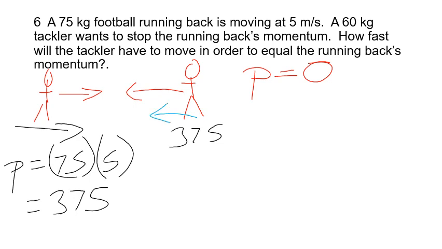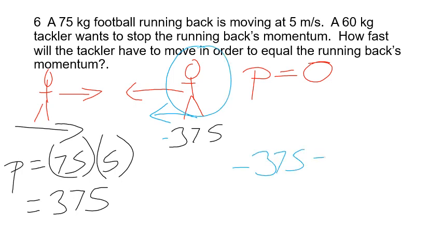Because remember, momentum's a vector, so you're going to have positive and negative. We'll call this one the negative, if we said the other one was positive. And they will cancel each other out, and the net momentum of them together will be 0. They will be at 0 velocity. They'll be stopped.